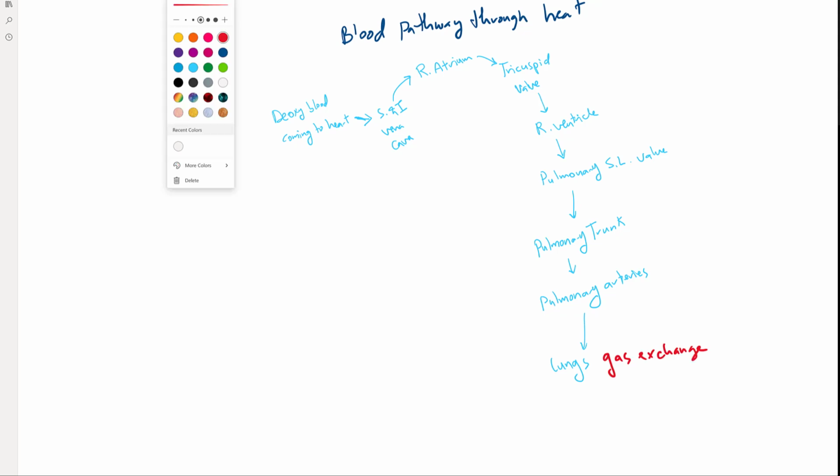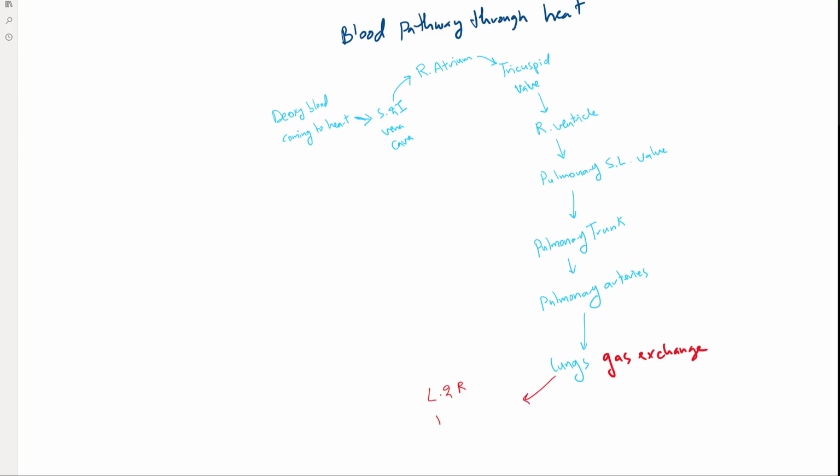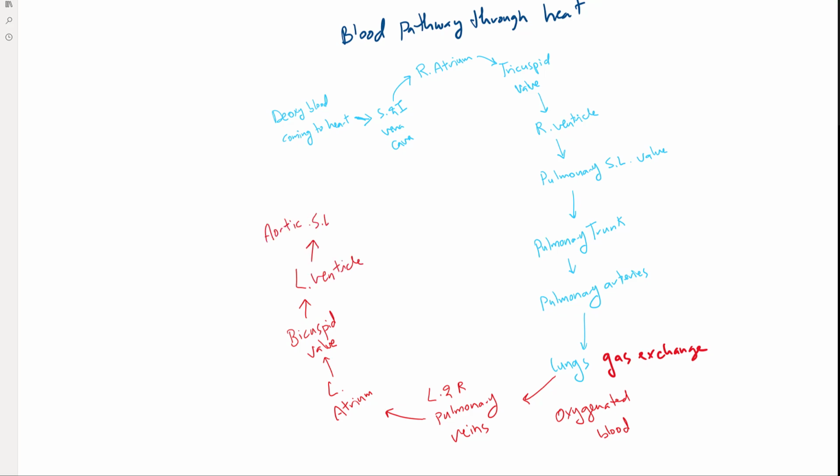After the gas exchange, the blood has to come back to the heart. So it will come back through the left and right pulmonary veins. So this is now in red, oxygenated blood. From the left and right pulmonary veins, it will come to the left atrium, then to the bicuspid or mitral valve, then to the left ventricle, then to the aortic semilunar valve, then to the aorta, and from there to the body.